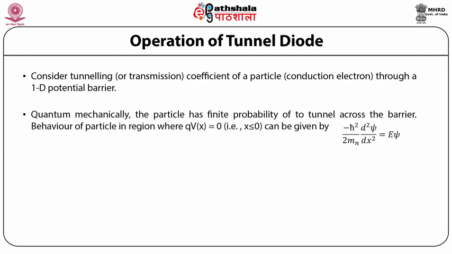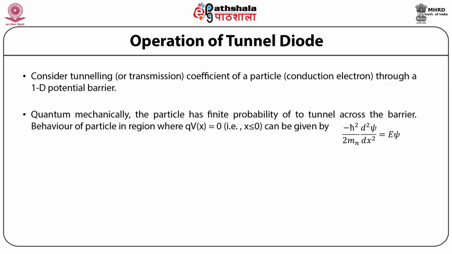So quantum mechanically, the particle has a finite probability to tunnel across the barrier, whereas in the classical case, the particle is always reflected if its energy E is less than qV0, which is also shown in this figure.